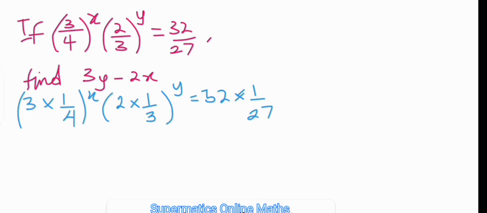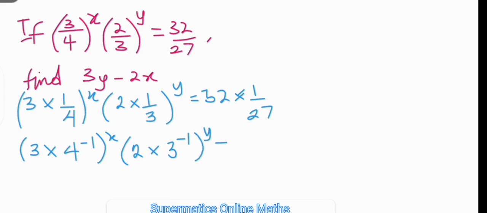Then we take it a step further by writing the left hand side as (3 times 4^(-1))^x times (2 times 3^(-1))^y, and then 32 times 27^(-1). It is getting interesting, isn't it?